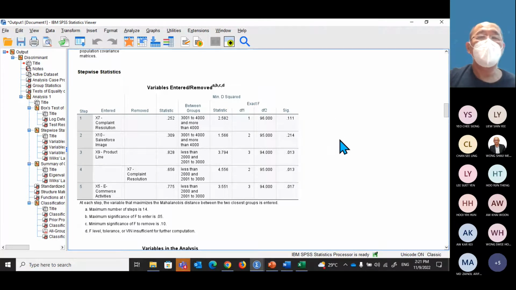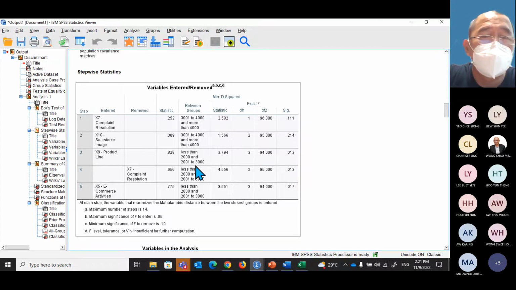Here actually the higher one they should consider, they should enter. I just saw this remove on step number 4. No, one is enter. This is a remove.